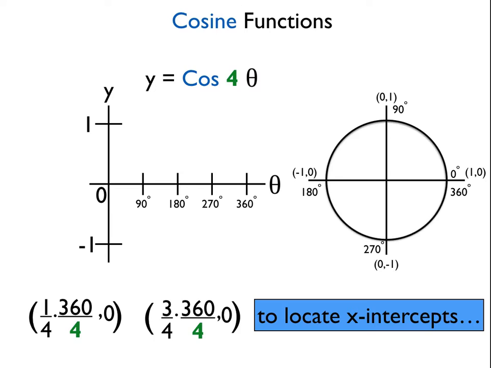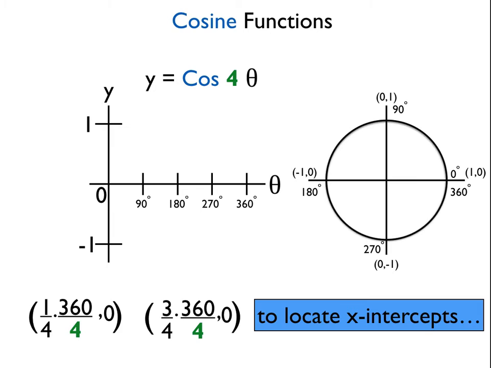y equals cosine 4 theta. Now you'll notice that there's no a, so that means there's an assumed coefficient of 1, which means my amplitude is 1, so I don't have to change that. For my b term, there's a 4. So I'm going to take that 4 and apply it to my coordinate equation. Let me back up.